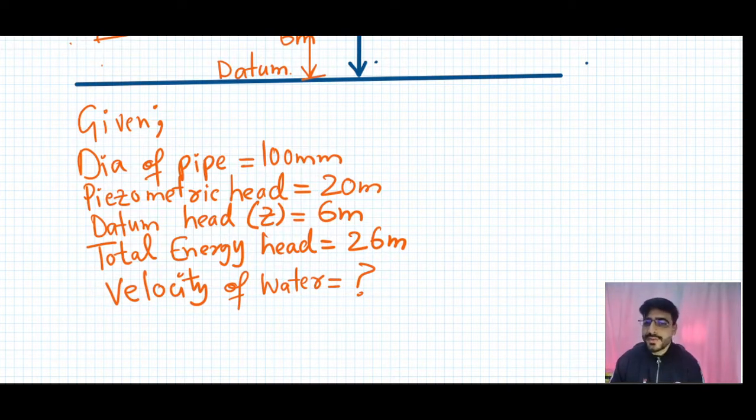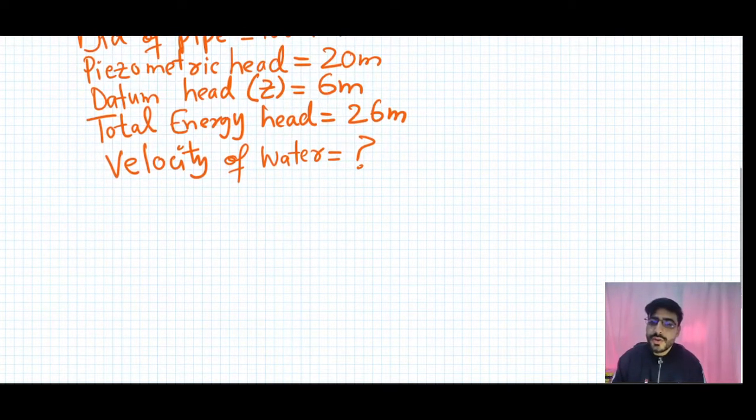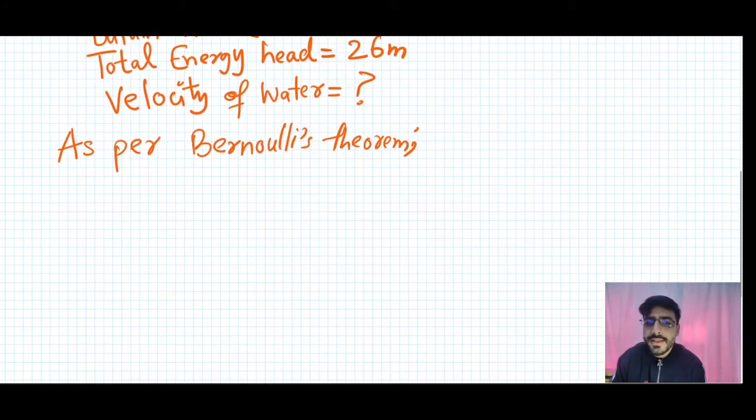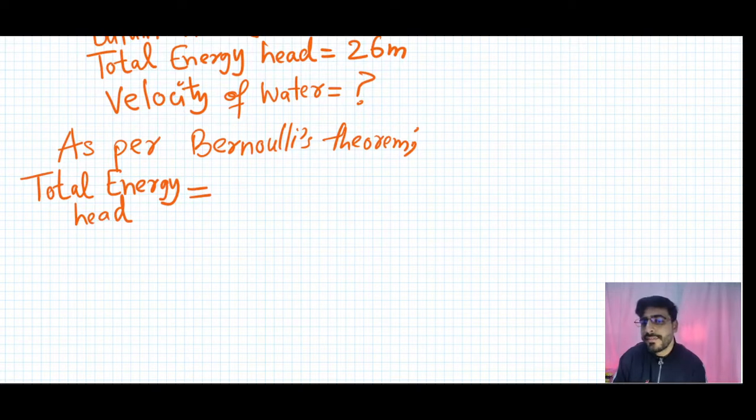Basically, this question is based on the concept of Bernoulli's theorem. So what Bernoulli says, as per Bernoulli's theorem, it says total energy head equals to the summation of three parts.